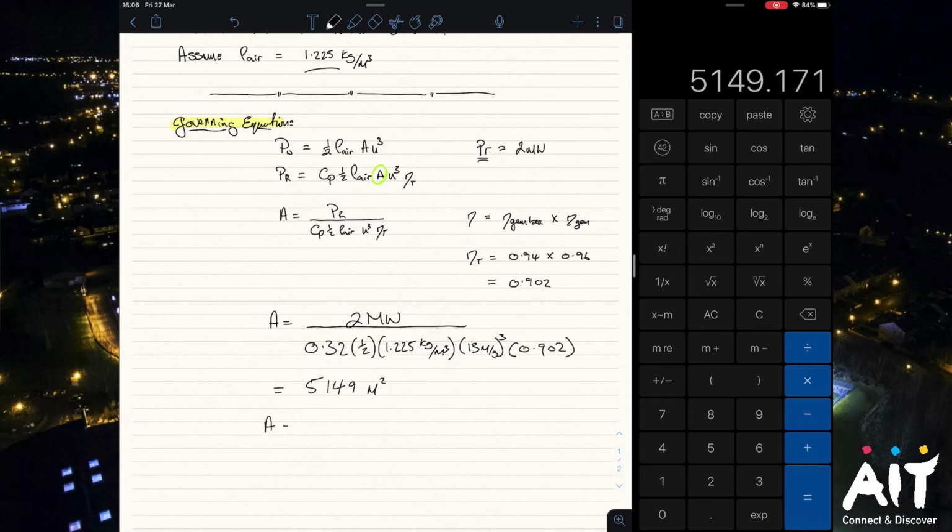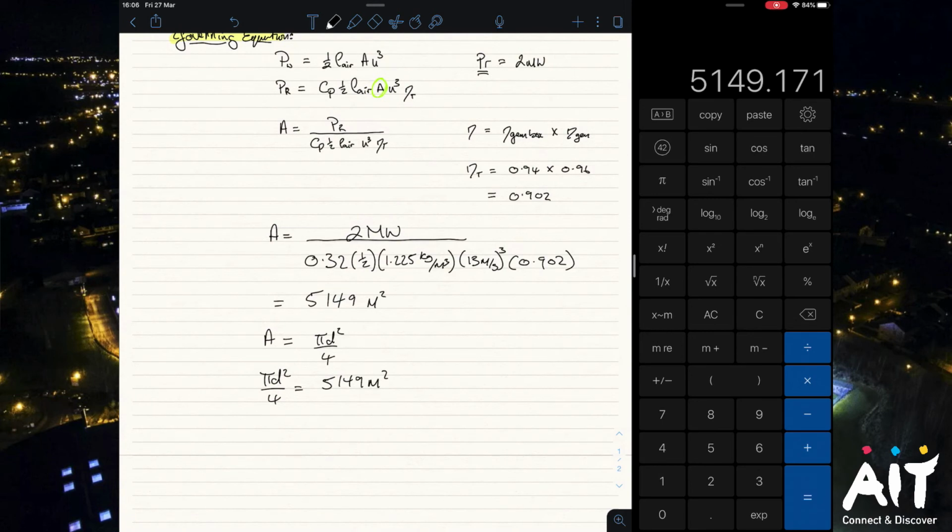We know that area is equal to pi d squared over 4. So we can set pi d squared over 4 equal to our 5,149 meters squared. Then d squared is equal to 6,556 meters squared, and we take the square root of that.